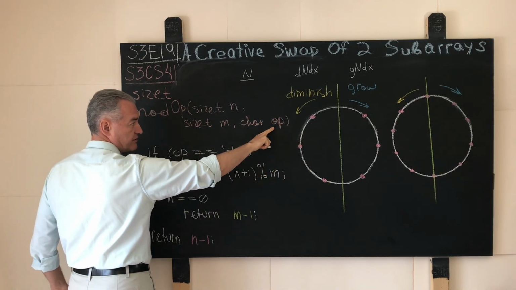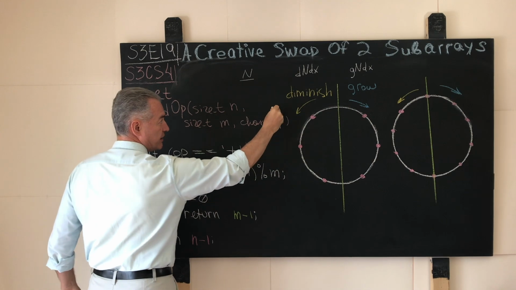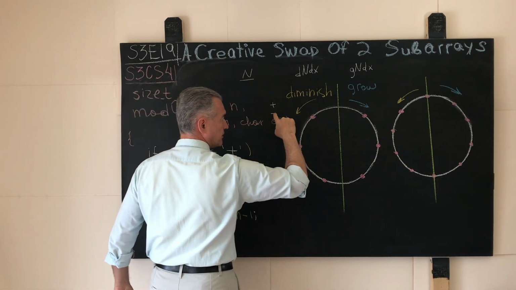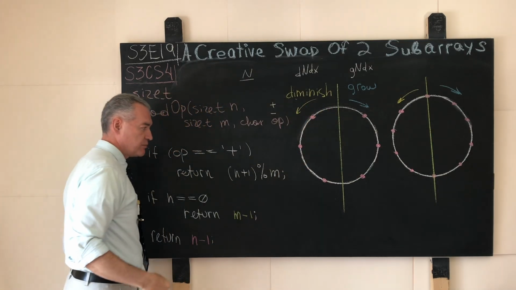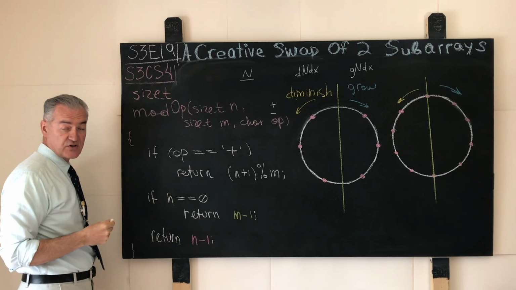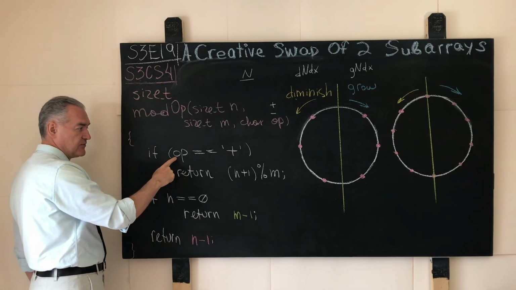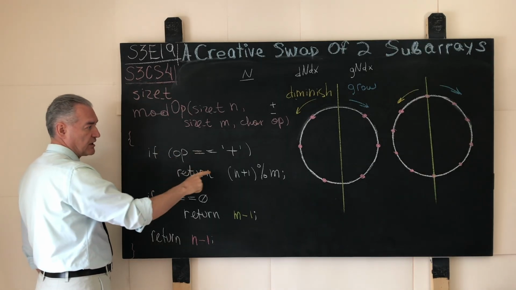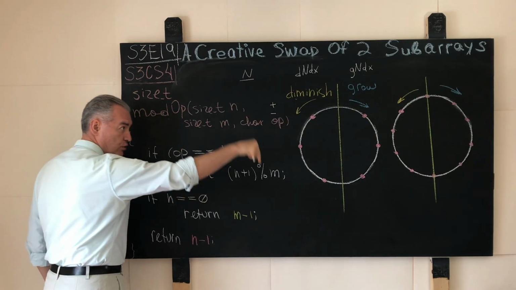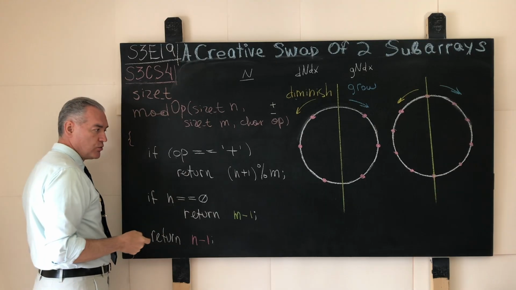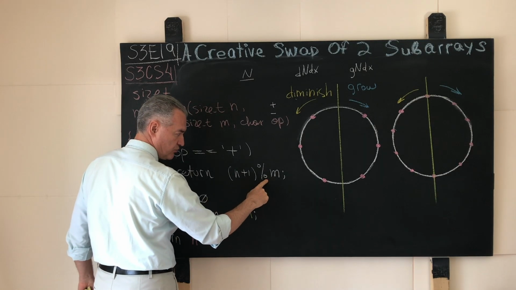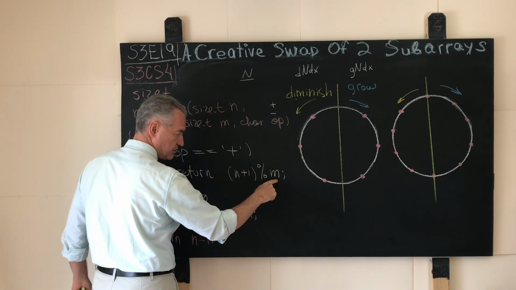It's that simple. The character up can carry either plus or minus: plus for grow, minus for diminish. You can come up with your own convention, but the implementation of this function is quite simple. If the operation we're asked to carry out is growing the index cyclically, all we do is good old number theoretic business: n plus 1, modulo m.